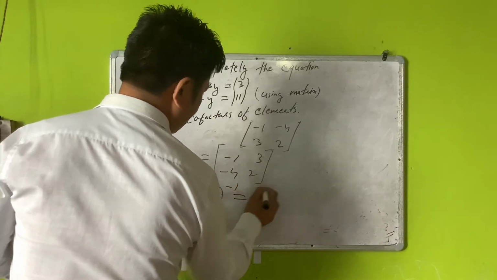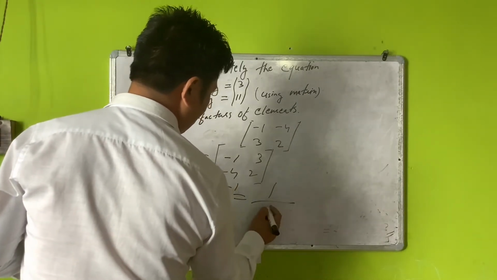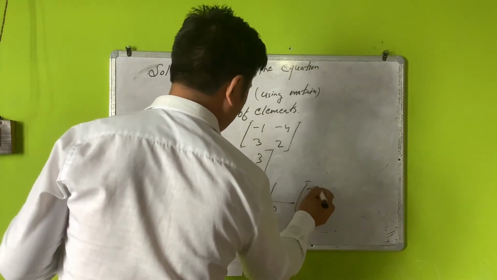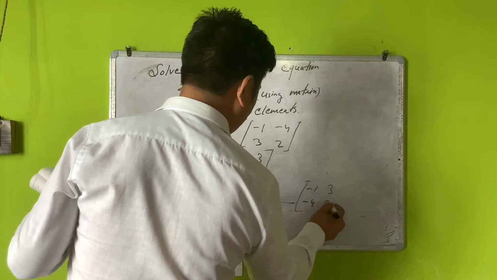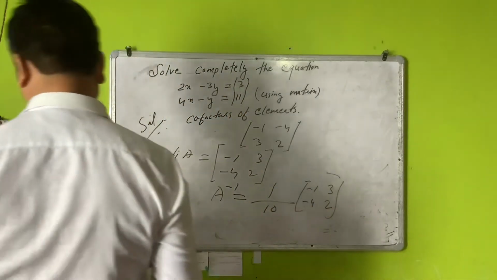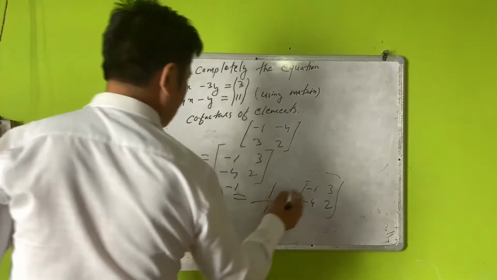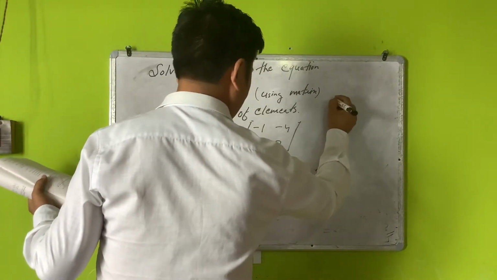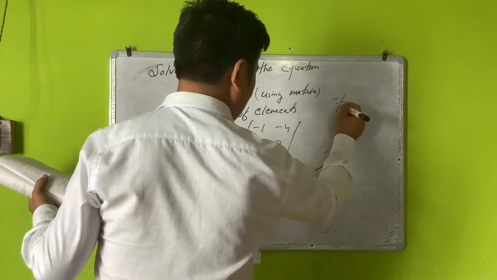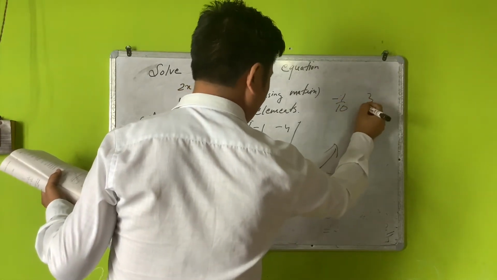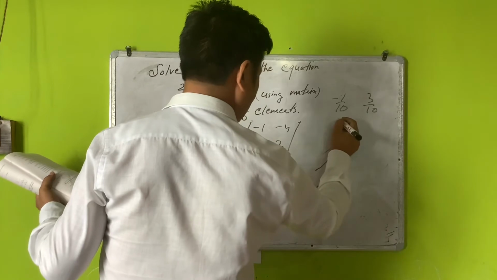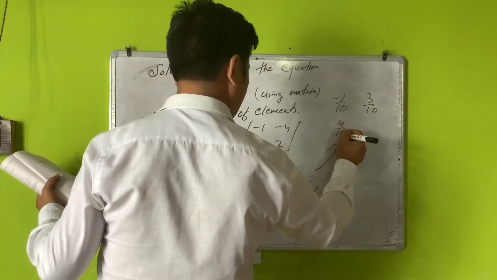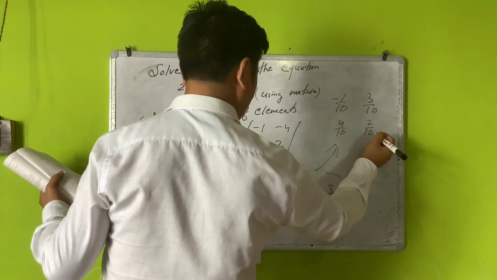A inverse is equal to 1 by the determinant, which is 10, into -1, 3, -4, 2. So it will be -1 by 10, 3 by 10, -4 by 10, 2 by 10.